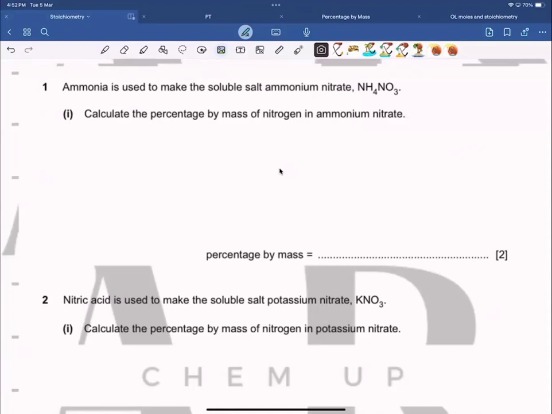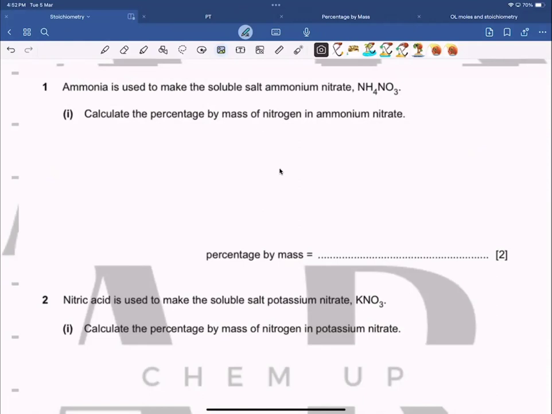Sir, in the first one I did 14 divided by 80 times 100. See, how many nitrogens does the first compound have? Sorry, sir. Potassium is 39. Yes, you also see there are two nitrogens, not one in NH4NO3. There are twice, right?